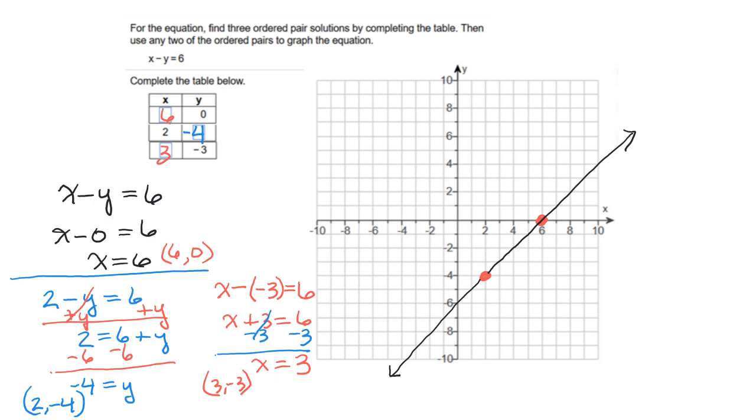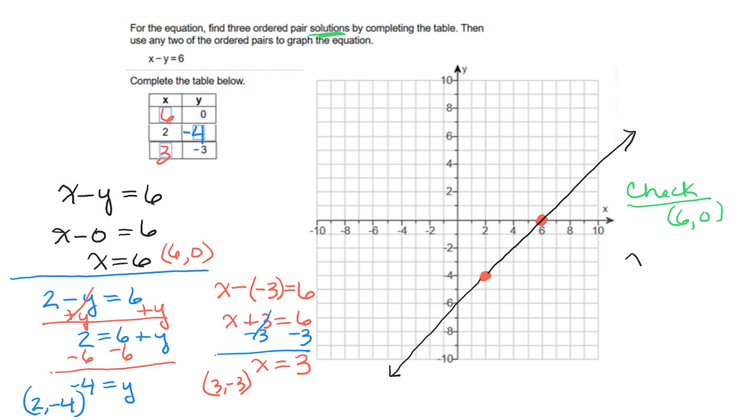All right, so I said I was going to come back to this idea of a solution. What I meant by checking, I'll just do a check on the very first ordered pair that we created. So that was 6, 0. The question could be, is 6, 0 a solution of your equation?